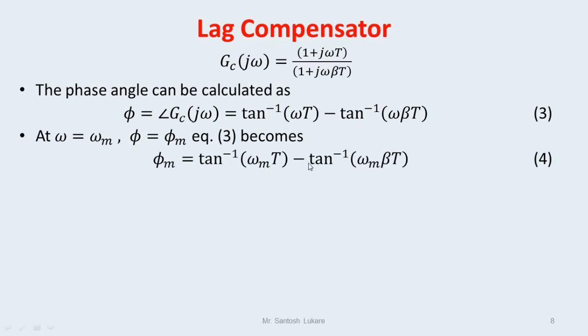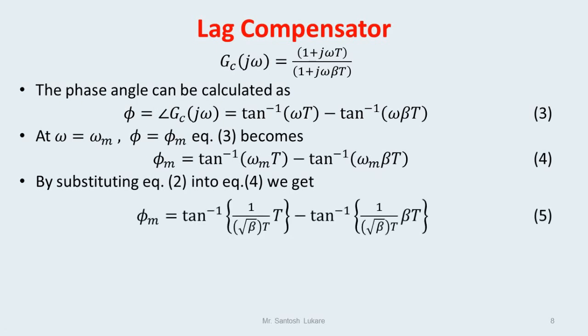So by substituting those values in equation 3, we have phi suffix m is equal to tan inverse of omega m T minus tan inverse of omega m beta T. But we know that the mid corner frequency value omega m from equation 2 is 1 upon root beta T. So by substituting equation 2 in equation 4, we have phi suffix m is equal to tan inverse of 1 by root beta T into T minus tan inverse of 1 upon root beta T into beta into T. So this T and T get cancelled, and similarly beta and root beta will get cancelled with each other, and equation 5 has the new form, that is tan inverse of 1 upon root beta minus tan inverse of root beta.